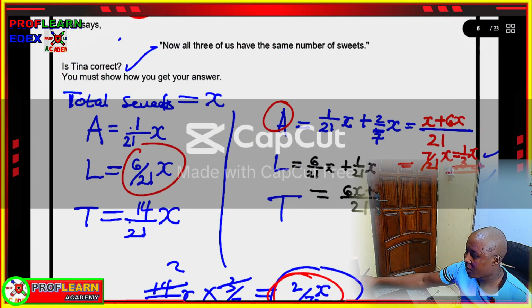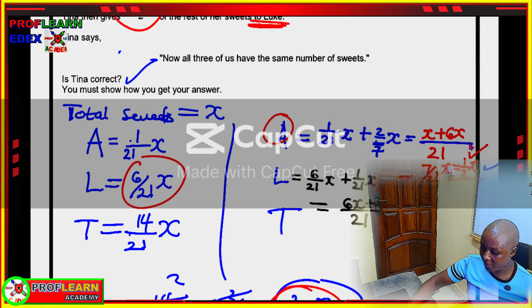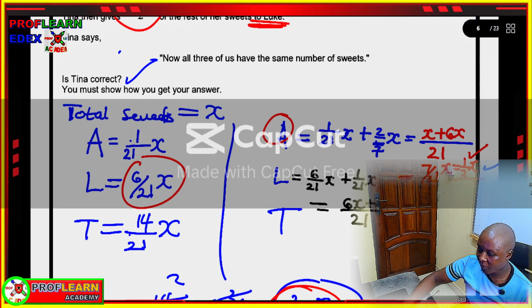Luke is having 1 over 3x, and also Andy is having 1 over 3x. So the statement that is given here by Tina, that we are all having the same, is also correct. So Hamed, that's true. That's correct.